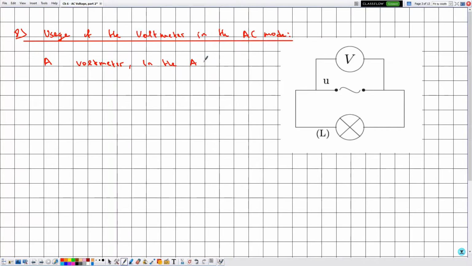Here the functioning is in the AC mode, connected across an AC voltage source U, which measures the effective voltage, which is given by U effective of this voltage source.